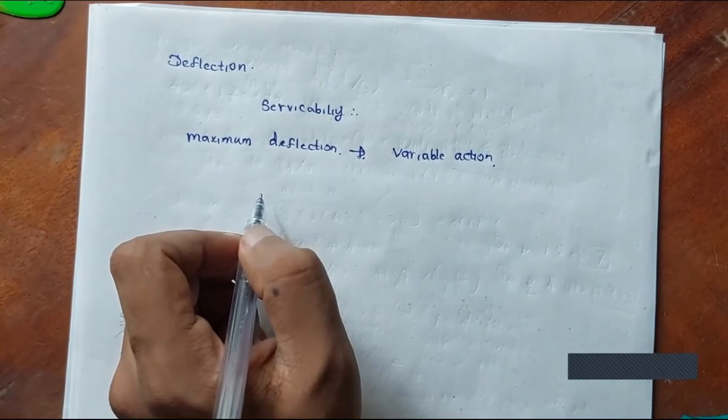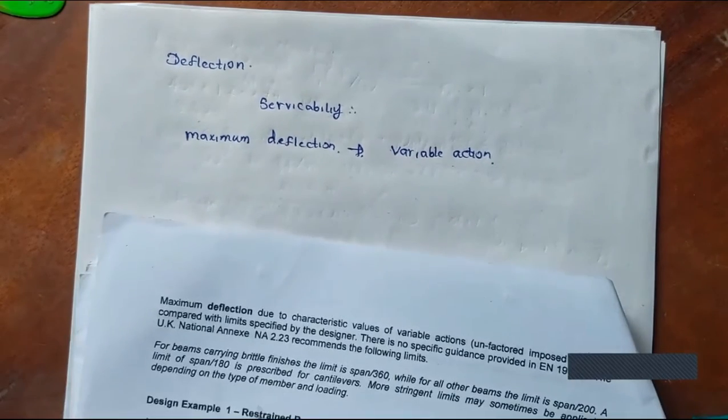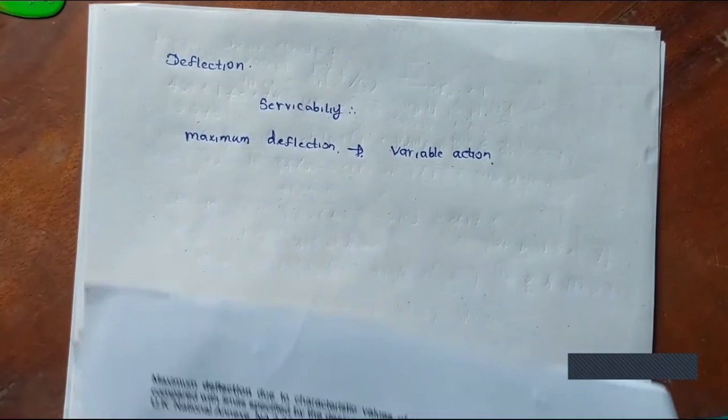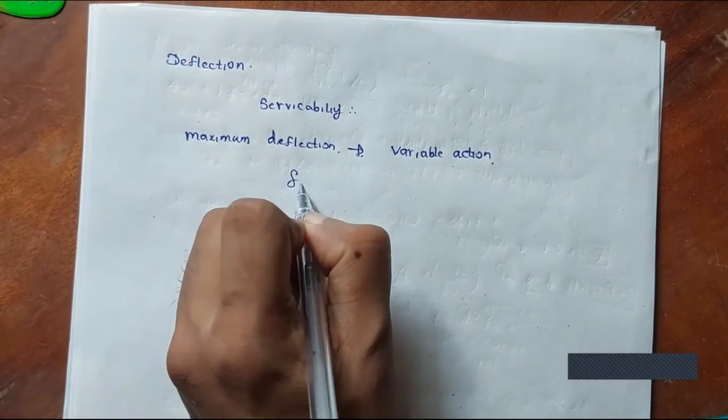Because it's given in the clause, right? Maximum deflection due to the characteristic variable action, unfactored imposed loads. So then it's delta max.